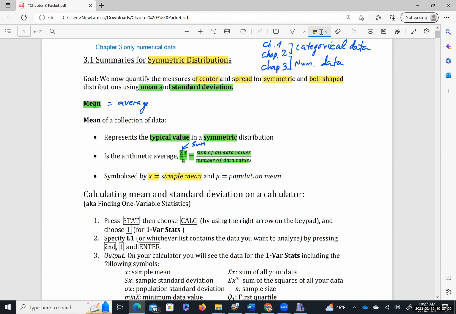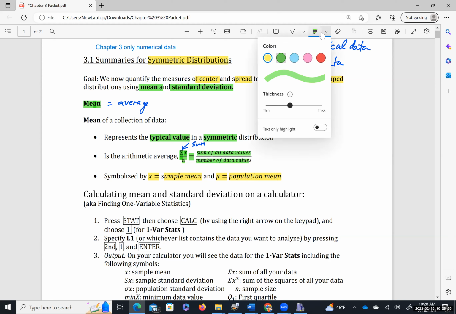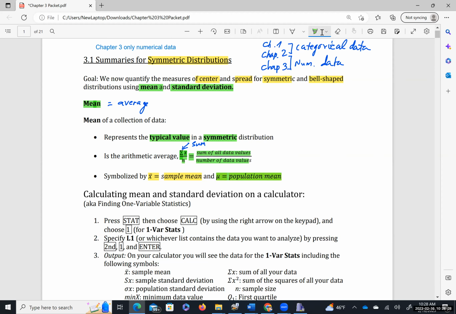Sample mean is the mean or the average of a sample. Another symbol that you might think about in the future is the average for the population, a whole population that we are doing research on. So one is for sample and another one is for population. I'll use another color to make sure it's different. Okay, so they are different.